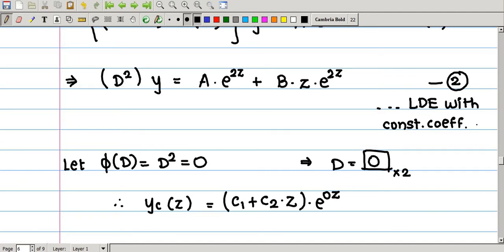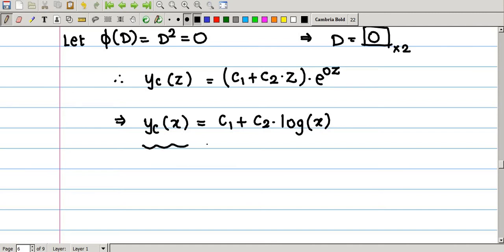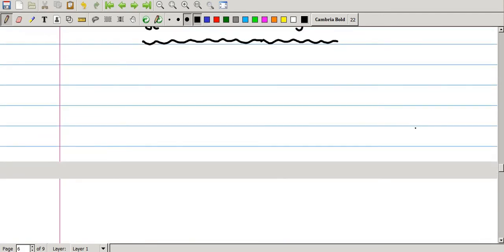If we substitute the value for z here, this implies the complementary function in terms of x is c1 plus c2 times log x, where e raised to 0 is meaningless in this case. So we denote this by equation number 3. Now we have the required complementary function in terms of x.